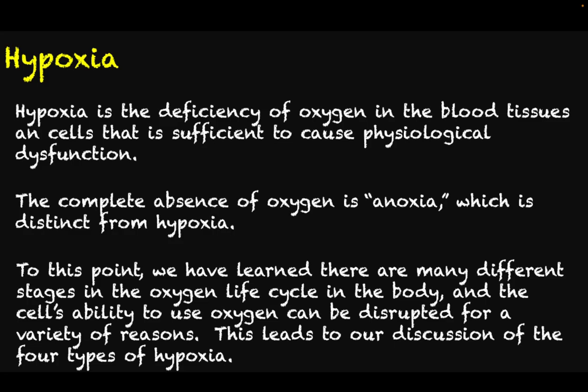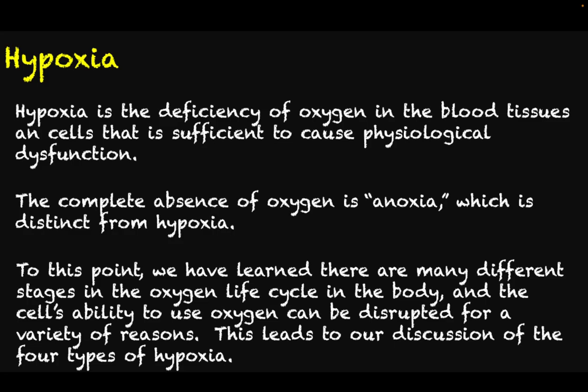Up until this point, we have learned, and if you're not recalling some of this, you can go back to part one of this video series on chapter four, that there are many different stages in the oxygen life cycle in the body: external, internal, and cellular respiration, and we can also include the transport of oxygen in the blood by hemoglobin.